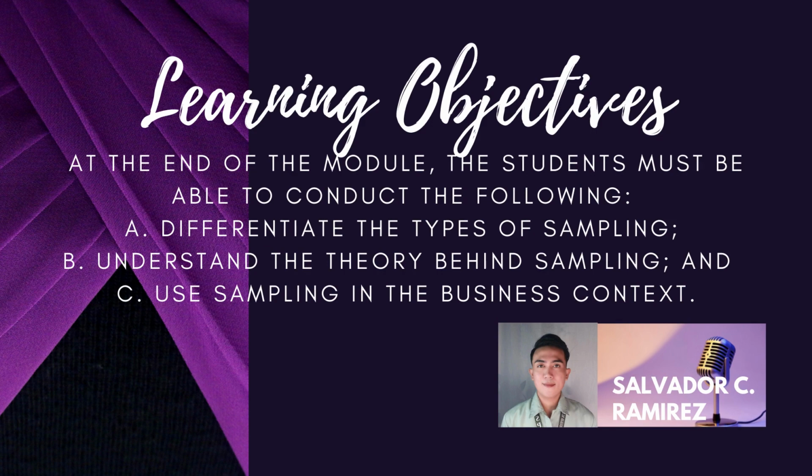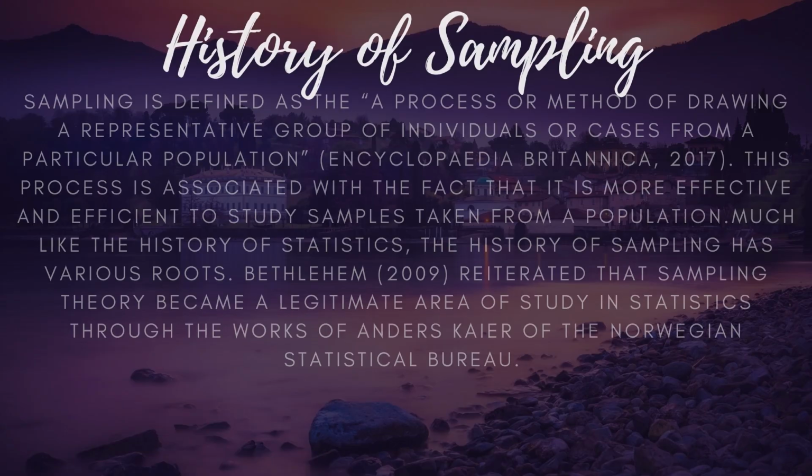At the end of the module, the students must be able to conduct the following. A. Differentiate the types of sampling. Letter B. Understand the theory behind sampling. And letter C. Use sampling in the business context.